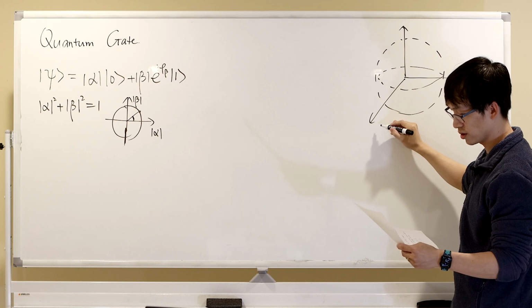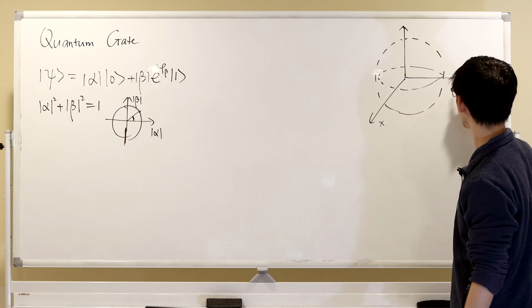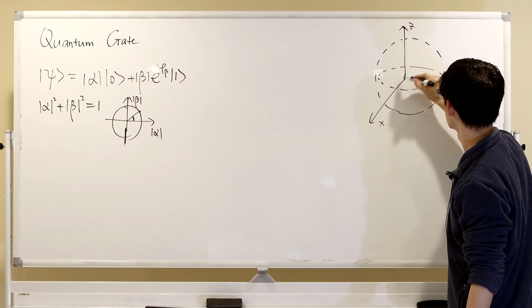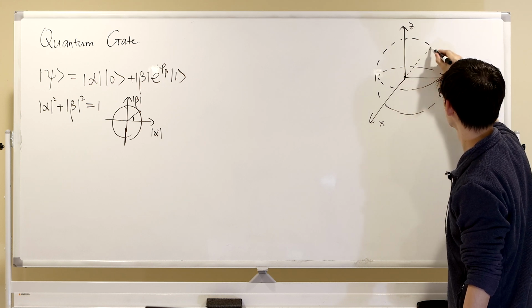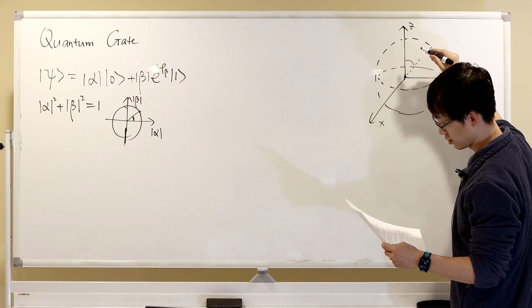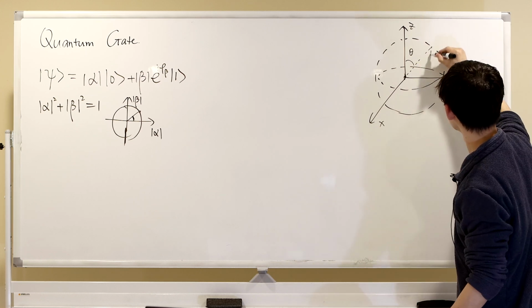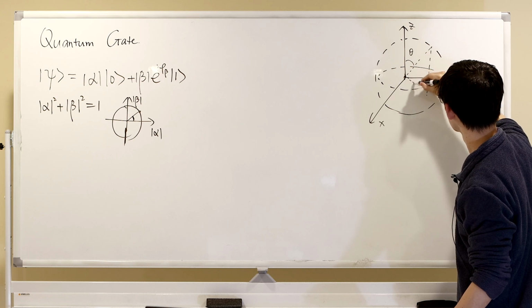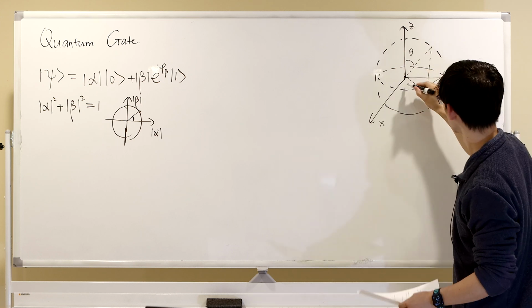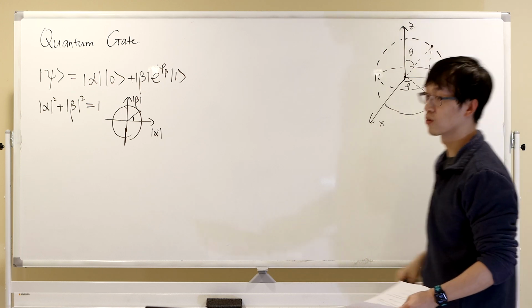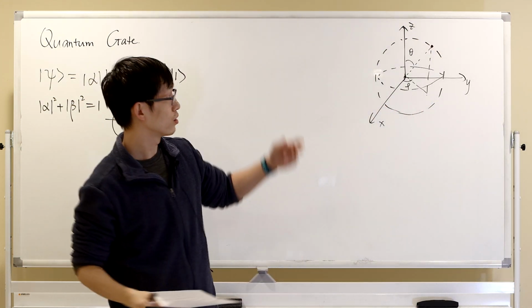You can define 2 angles, just like the spherical coordinates. This is theta, and then you can define a phi. These 2 angles determine one position on your sphere.